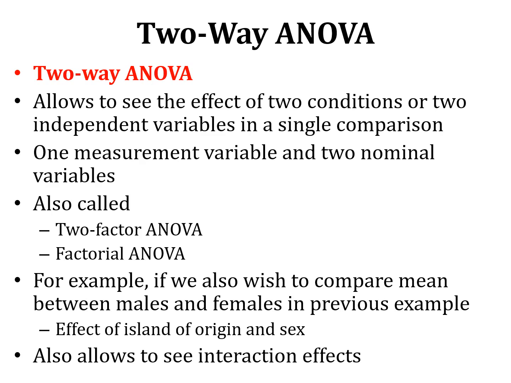This is an added advantage of using a single test: you are not just calculating the effect of the two nominal variables on a single measurement variable, a single outcome or response variable, you are also seeing the interaction of these two nominal variables with each other, what their combined, interactive effect is on the measurement variable. So this is the two-way ANOVA.